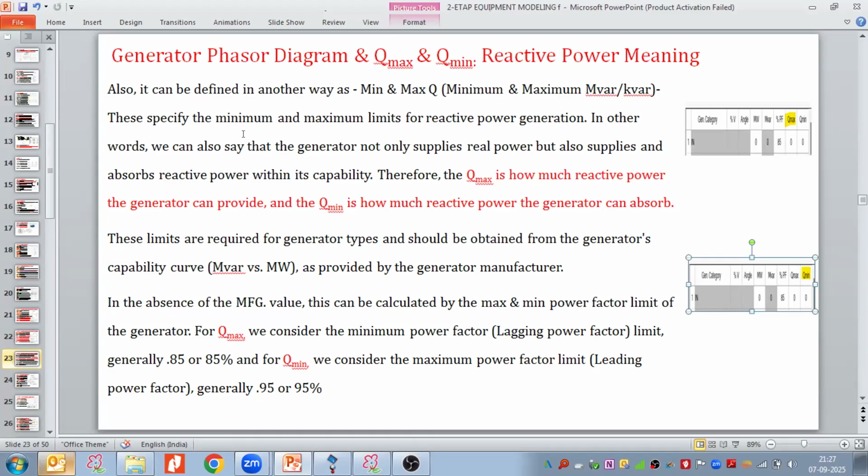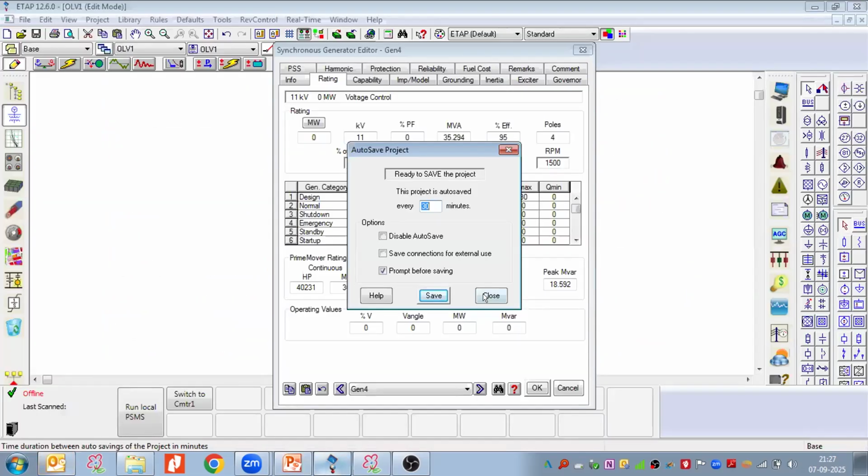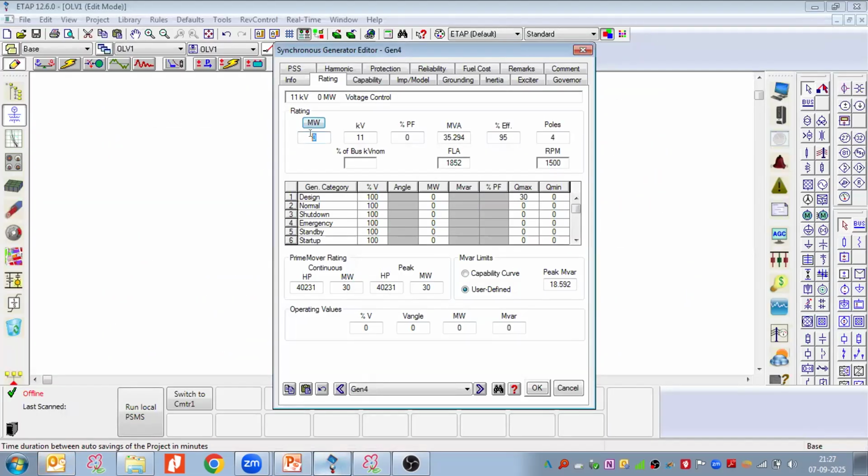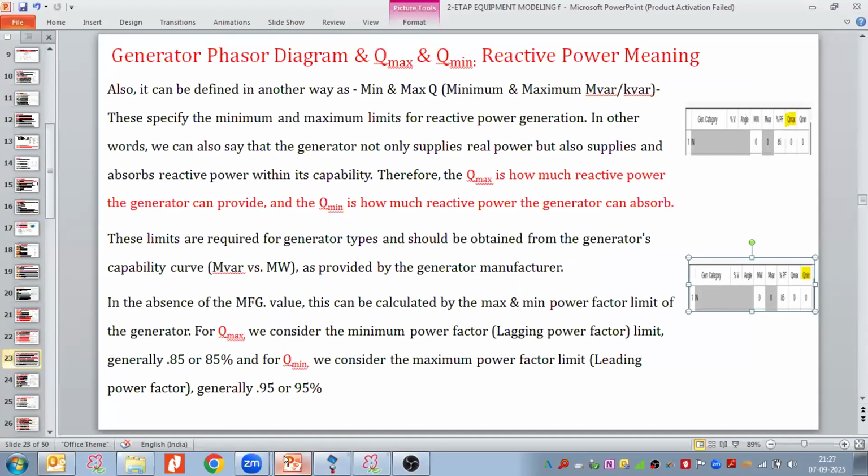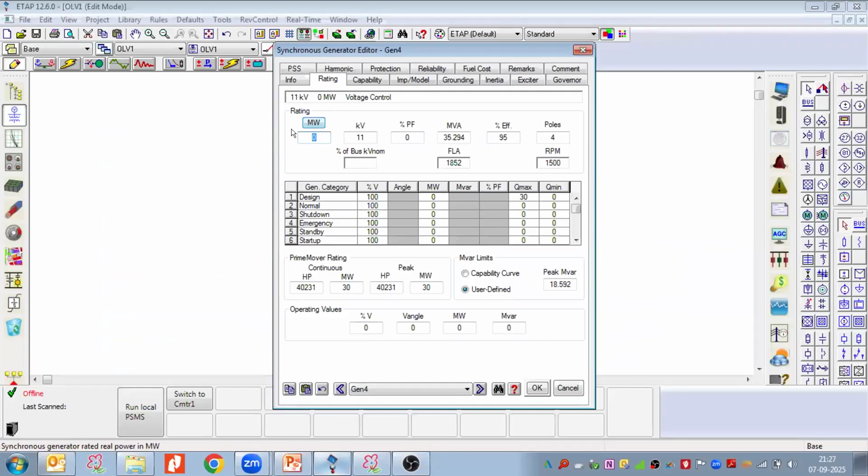In other words, the generator not only supplies the real power which we are putting over here.